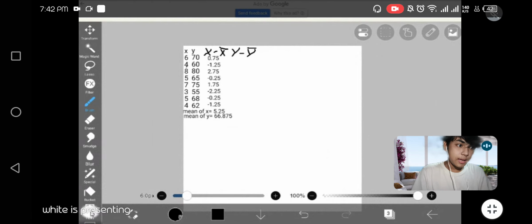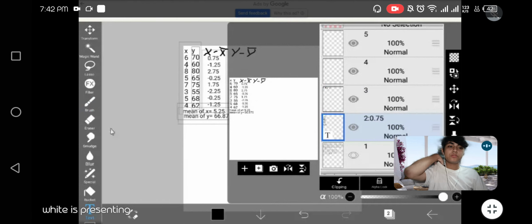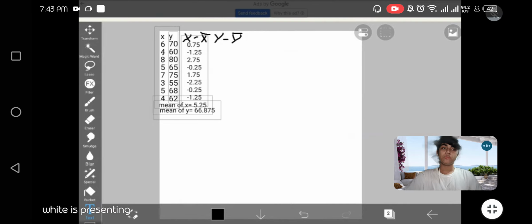Next is the text. So, ganun din ang gagawin natin as usual. I-minus natin yung lahat ng y numbers natin into mean of y. So, 70 minus 6.875 is equal to 3.125.